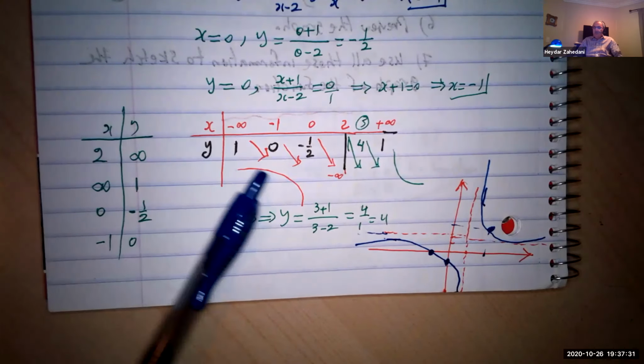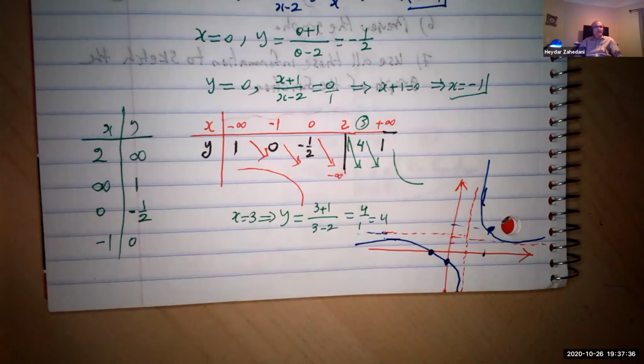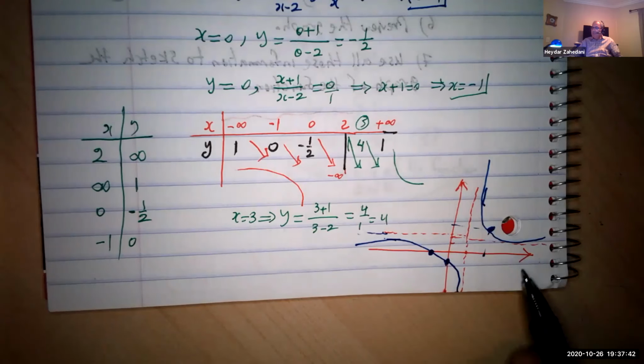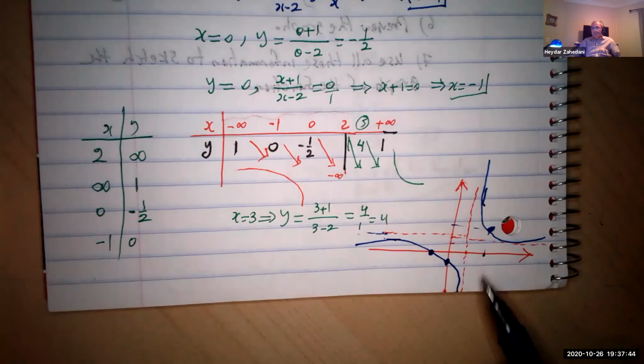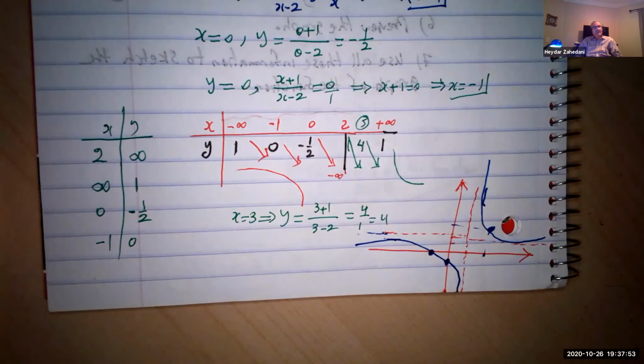It's going to be either down, down, down, or up, up, up. So it may be in the second and the third quadrant, or it's going to be just the first and the third one. This is all you get for this type 1.